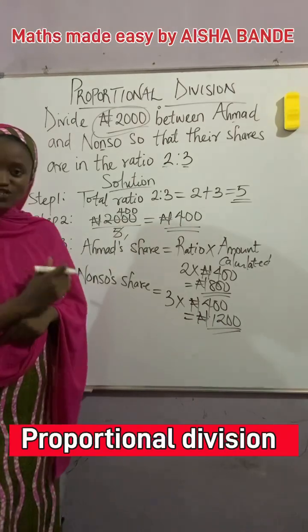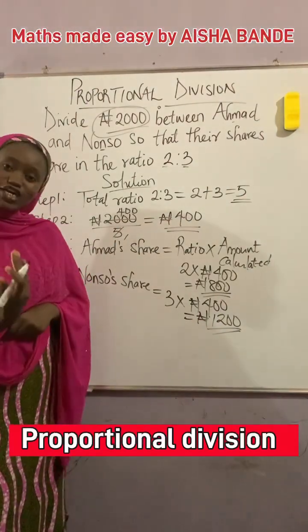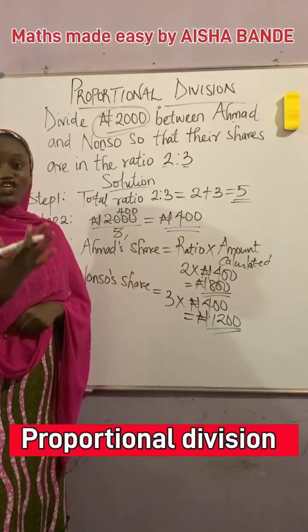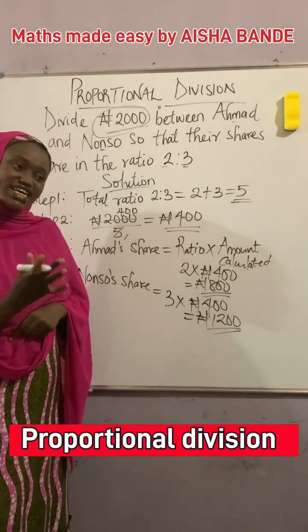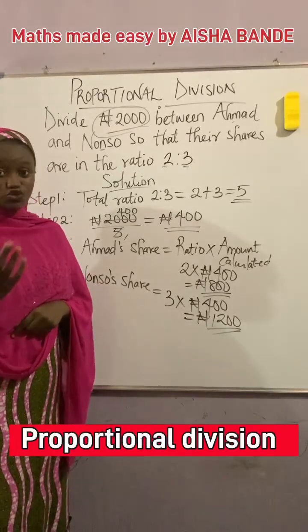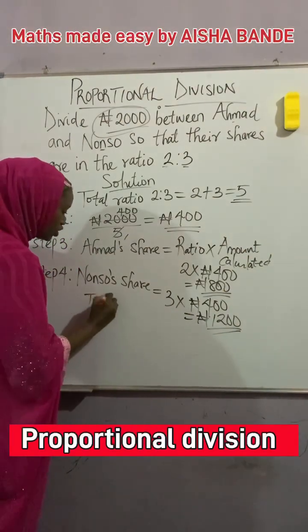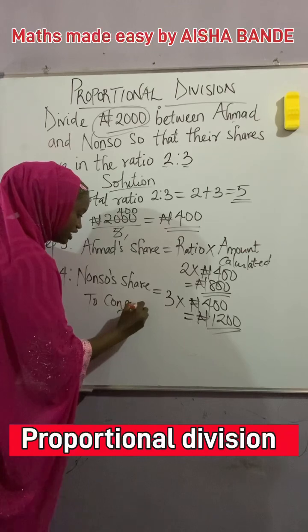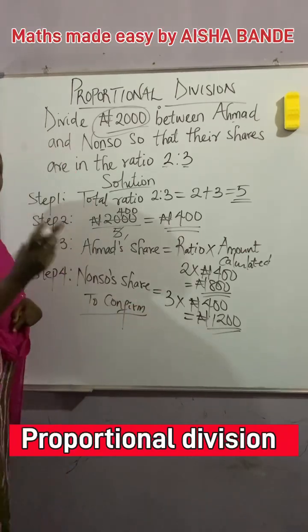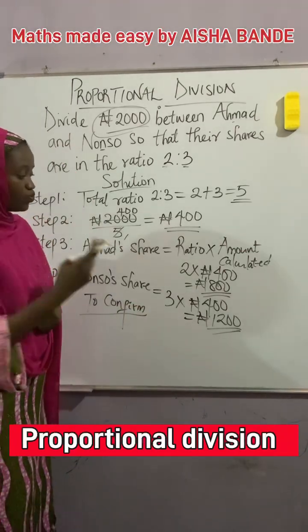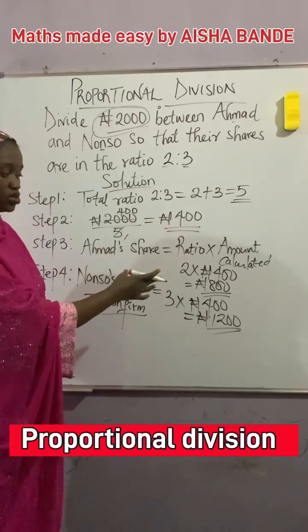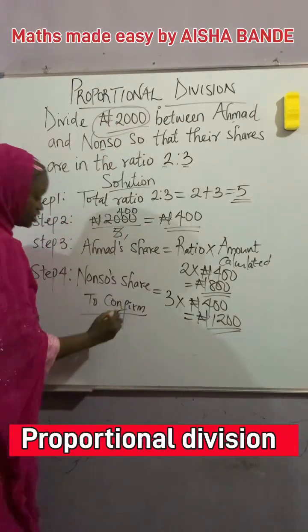But what I do after solving every question is I try to confirm whether my answer is correct or not, in case we are solving an objective question. So let's confirm this answer. To confirm our answer, all we need to do is to add up the two answers we got and see if it corresponds with the total amount given in the question.